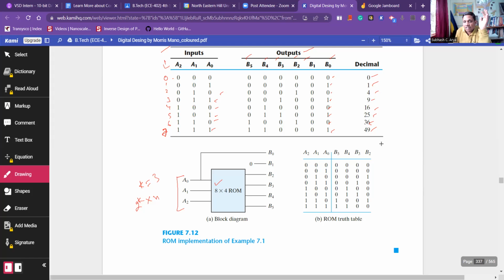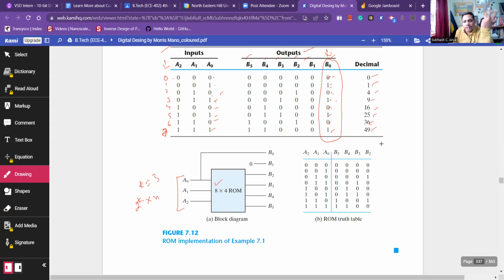What is that logic? Let us see. If we look bit by bit, B0 is nothing but equal to A0: 0, 0, 1, 1, 0, 0, 1, 1, 0, 0, 1, 1, 0, 0, 1, 1.